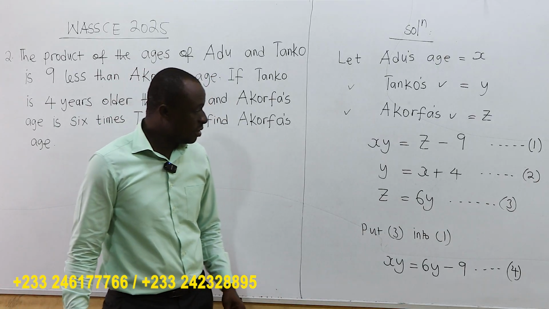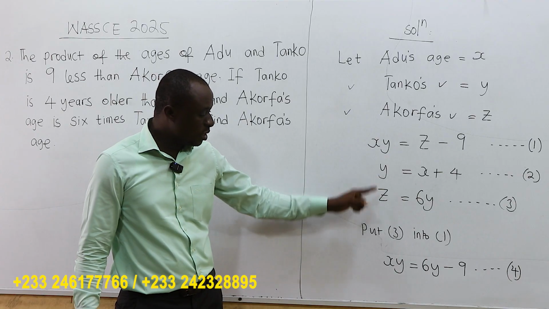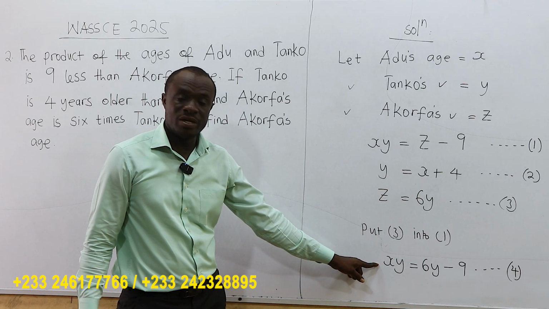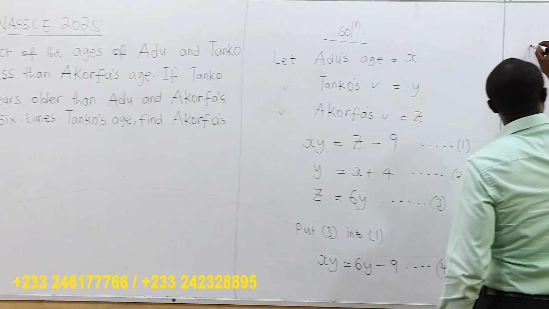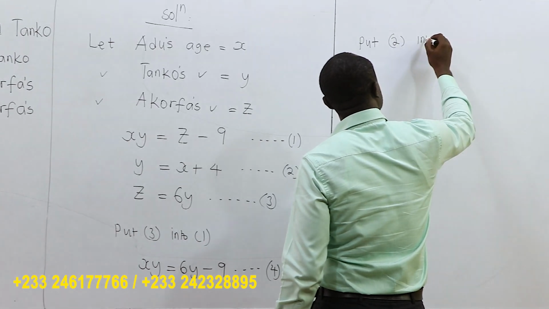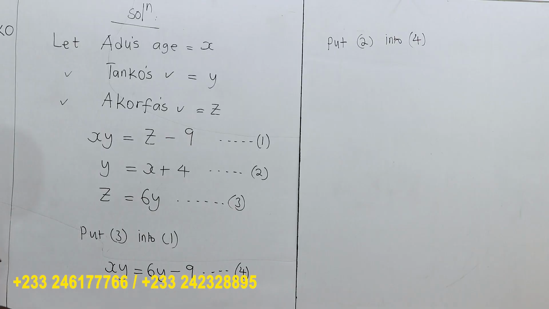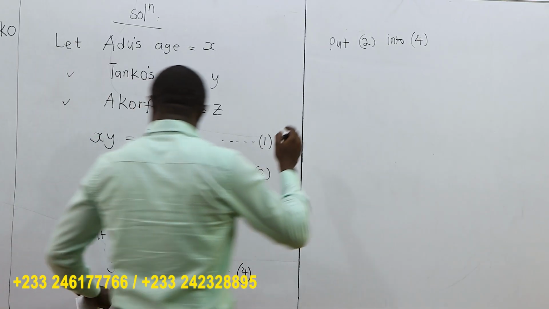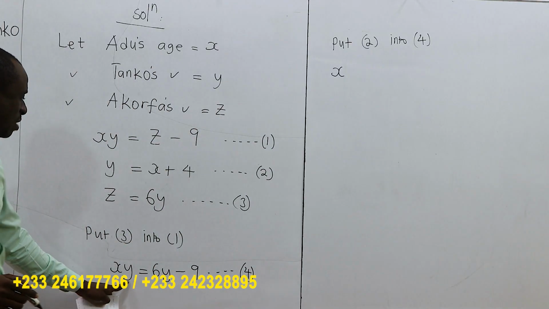Now what can we see? We can put it in one variable. So we put equation 2 into equation 4 so that everything will be in terms of X. We have XY, but what is Y?